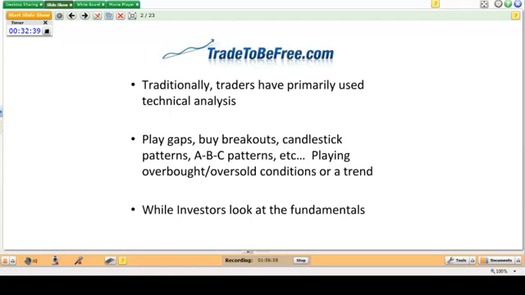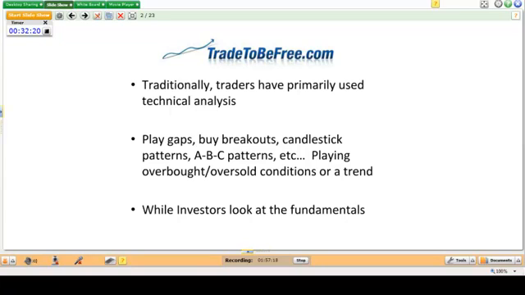But first I want to take a step back and go over what traders usually use in their trading, and that is technical analysis. During the presentations today, we've seen a lot of information on Fibonacci analysis and a lot of other technical analysis tools.